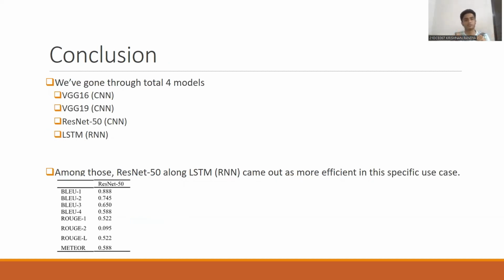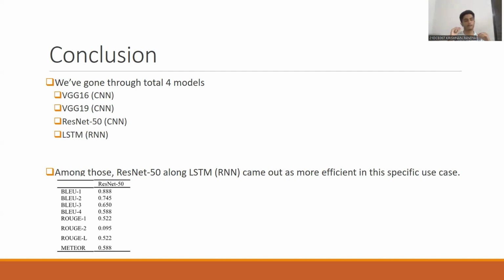Now, moving on to the conclusion, we have actually worked with four models, of which three are convolutional neural network models and one is a recurrent neural network model. We have worked with VGG16, VGG19, and ResNet 50, and we have also worked with LSTM. Among these, if we fuse ResNet 50 and LSTM, then this is the best potential that we can get in terms of the scores.